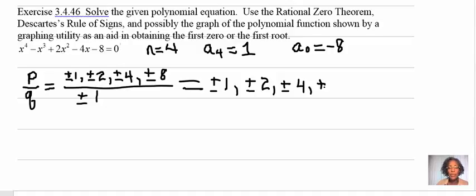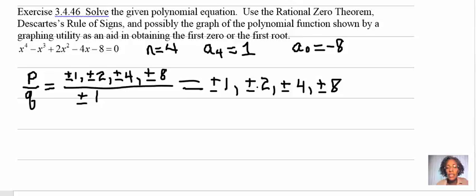If there were other possibilities in that denominator, each numerator would have to be put over those other possibilities.